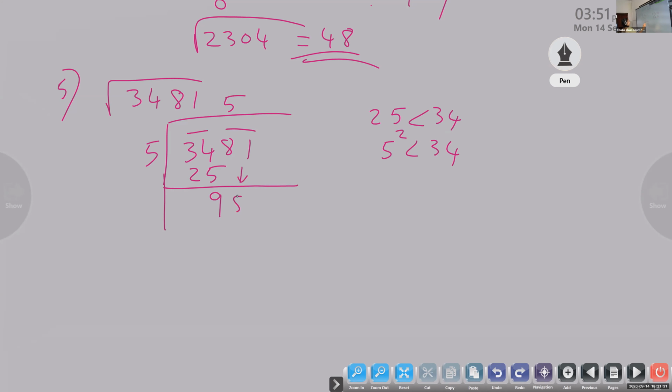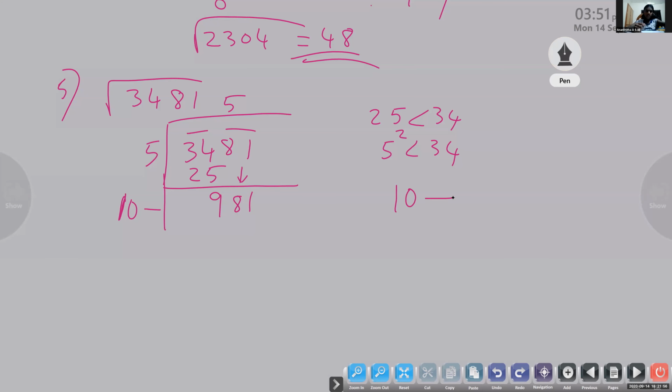81 taken downwards. Here it is 10 dash. Which number can we write? 9.